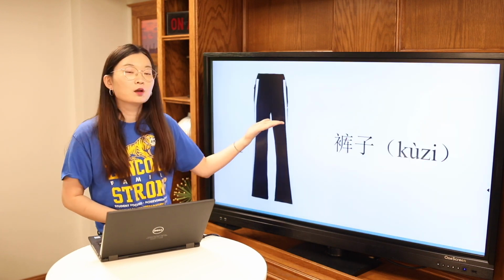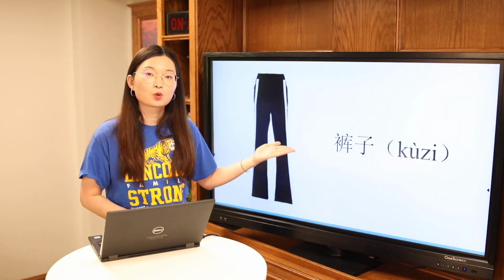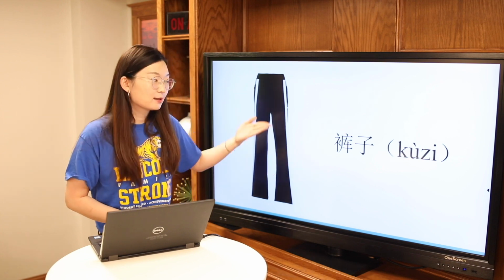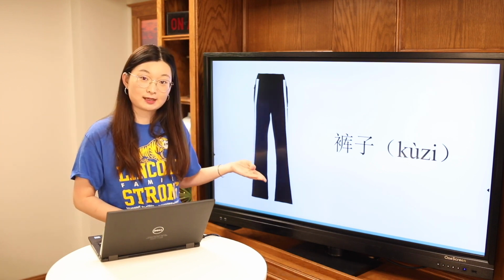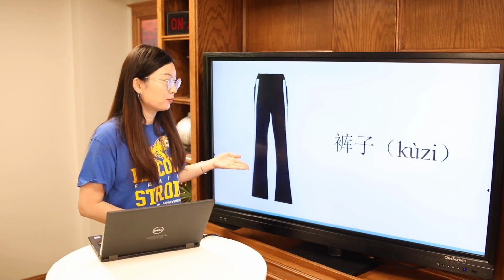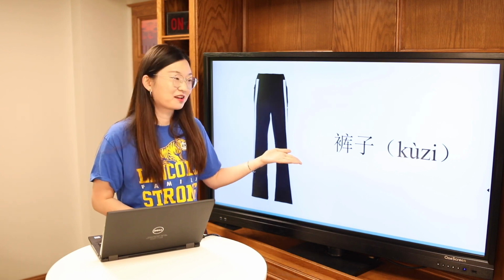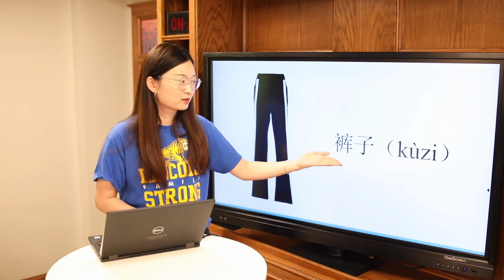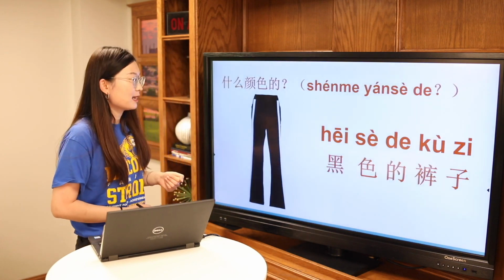这是裤子。裤子。So all kinds of pants, no matter if it's jeans or shorts, they all can be called pants. All can be called 裤子, okay, as pants. 裤子. And 什么颜色的?